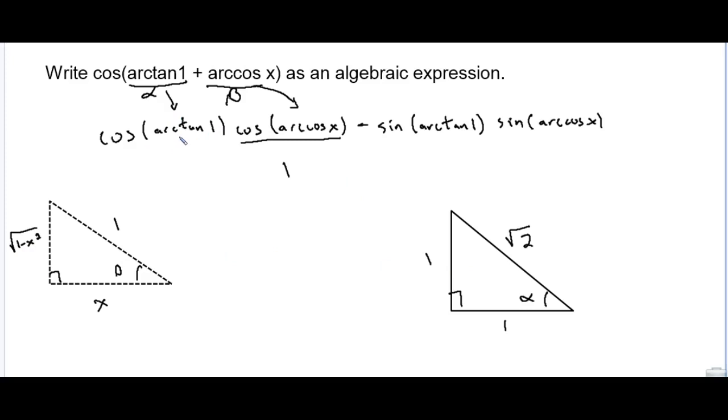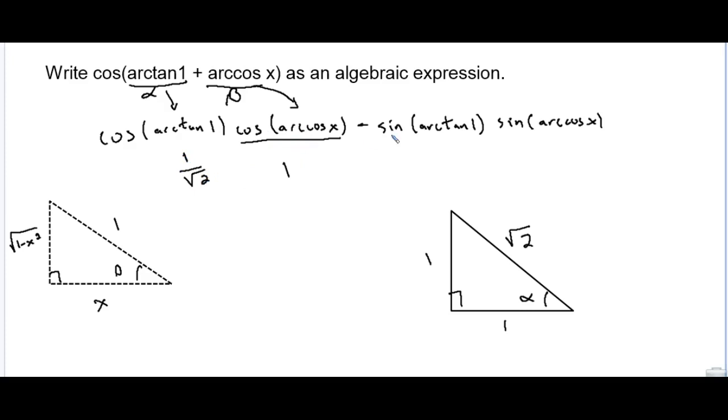So if I want to find cosine of arctangent of 1, I say cosine of this angle, which is alpha, so it's adjacent over hypotenuse, which is 1 over square root 2.